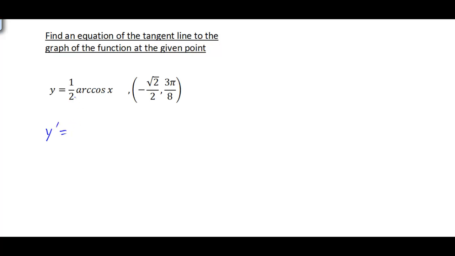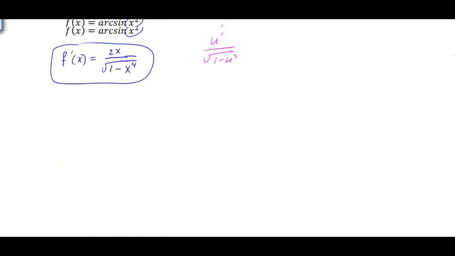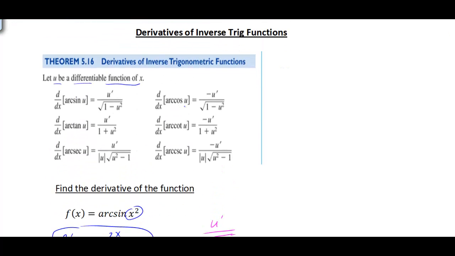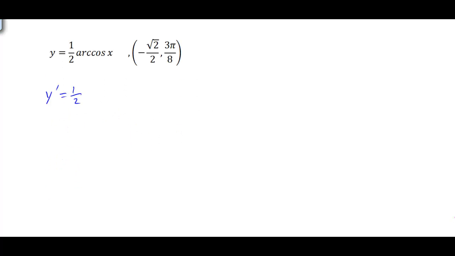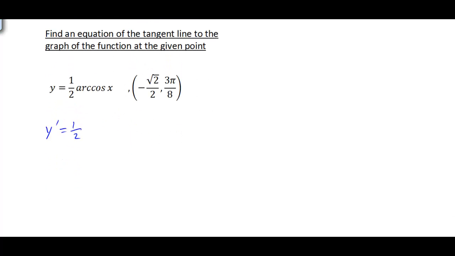So we would have 1/2 is just a common multiplier. And then we have arc cosine of x. Well, if we go back and look, what is the formula for the arc cosine of x? If we look up here, the arc cosine is negative u prime over the square root of 1 minus u squared.